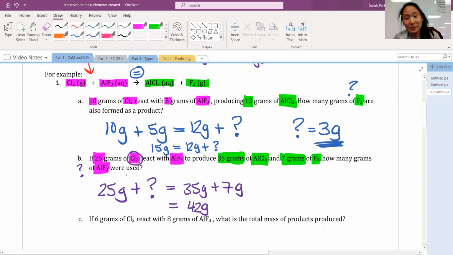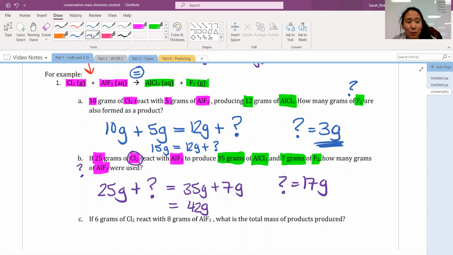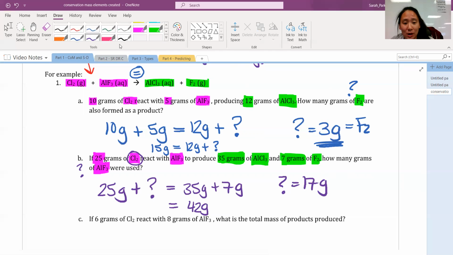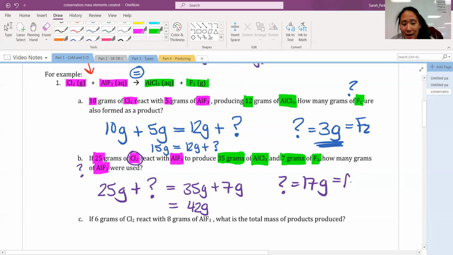What is the opposite of addition? It is subtraction. So this unknown number is going to be 17 grams. You can do a quick check. 25 plus 17 is what? 42. And then 35 plus 7 is also 42. So you know you did this right. If we wanted to really label this, this is F2, and then this one was AlF3.